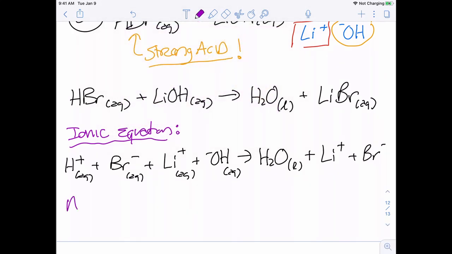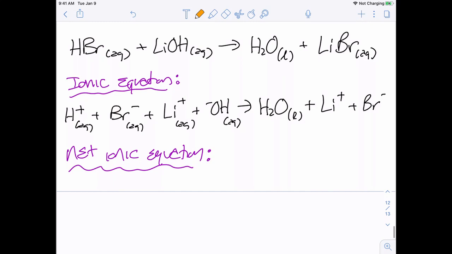To get my net, I'm going to do the same thing that we did with precipitation reactions. I'm going to cross out anything that's not undergoing a chemical change, right? I'm going to get rid of my spectator ions. If it's exactly the same on the reactant side of my equation as it is on my product side, it didn't change, so it's not taking part in the reaction.